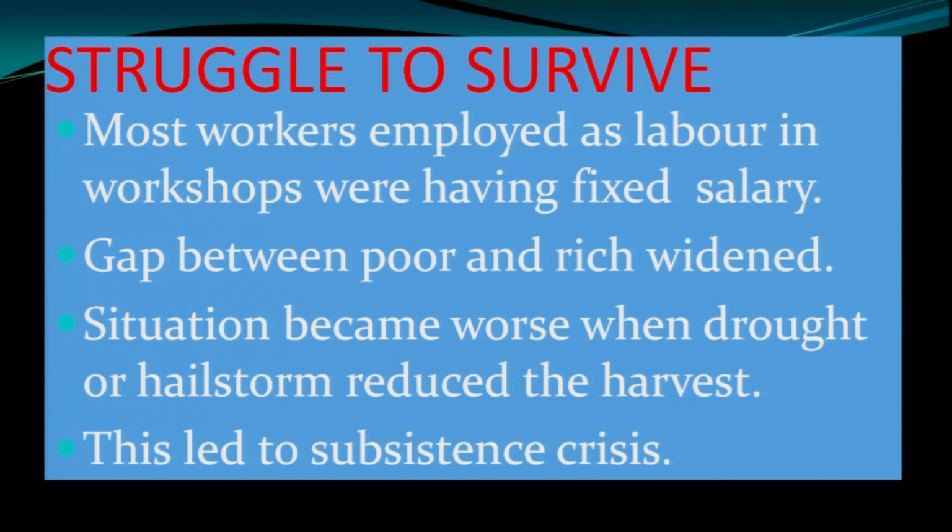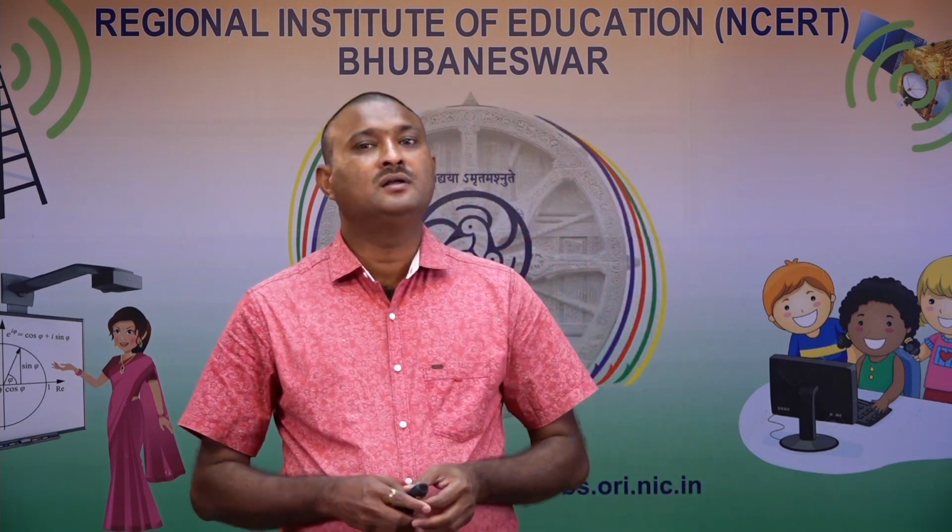During that time, the situation became worse when there was hailstorm and drought, because hailstorm and drought always reduce the production, the harvest. And all these causes: on the one hand, population is increasing, food grain price is also increasing. On the other end, the earning of the people was fixed.